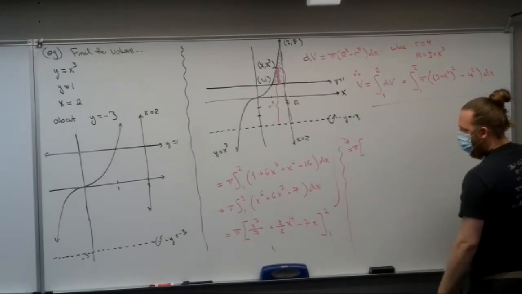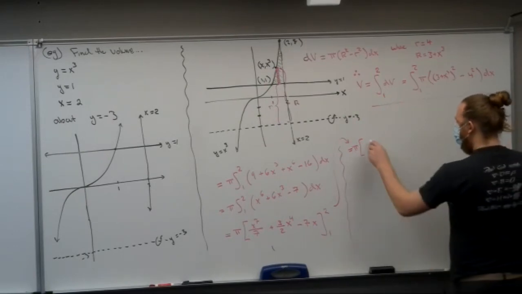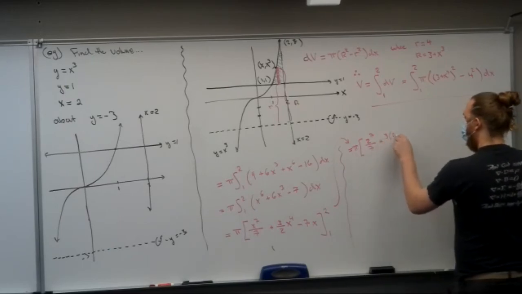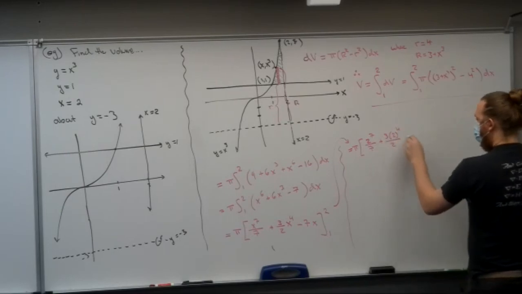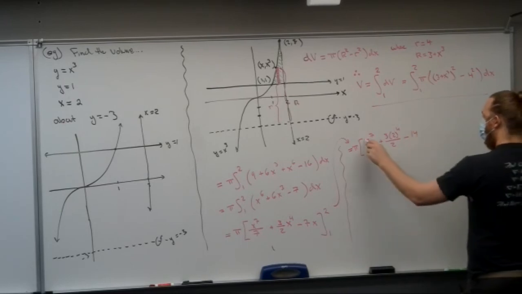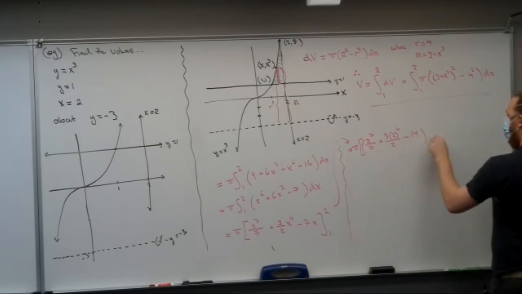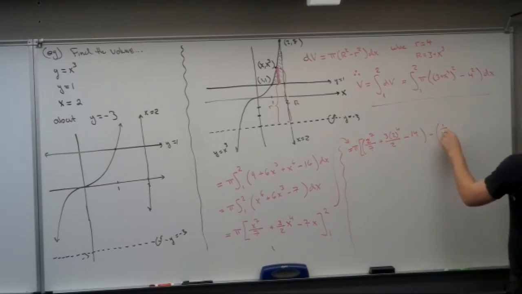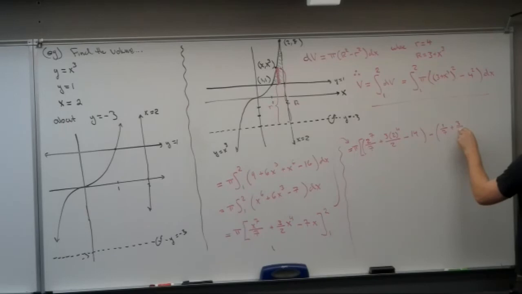At my upper bound, I'll have 2 to the 7 over 7 plus 3 over 2 times 2 to the 4 minus 7 times 2, which is 14. And then from that we subtract 1/7 plus 3 over 2 minus 7.